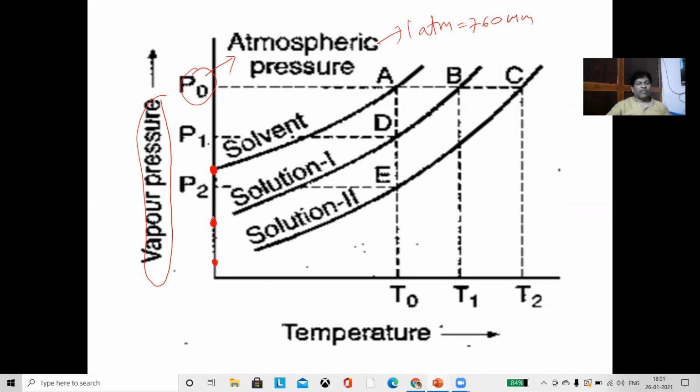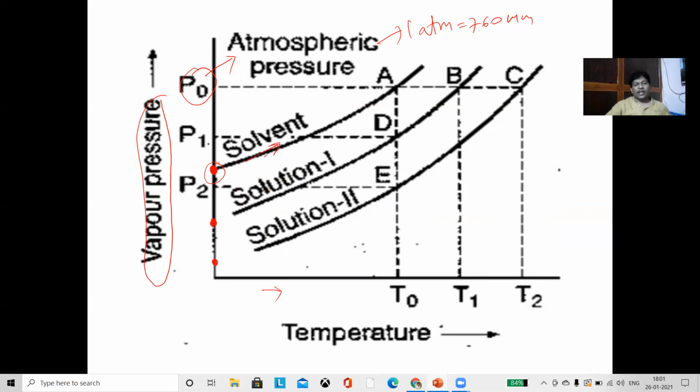When you take the solvent here, it has a certain vapor pressure initially. When you increase the temperature of the solvent, its vapor pressure increases like this.